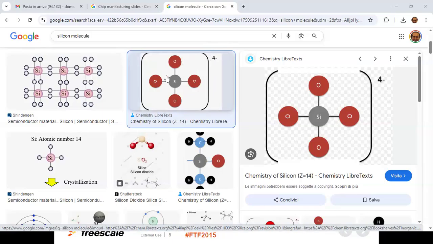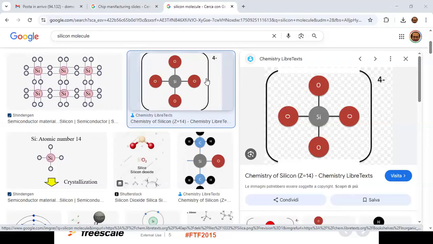For example, the ion of silicon has 4 electrons missing in the global structure of the atom. That means that it is very, you can say, greedy to connect with other molecules in order to fill this electric charge that is exceeding, okay?